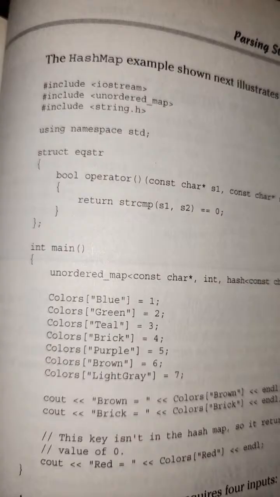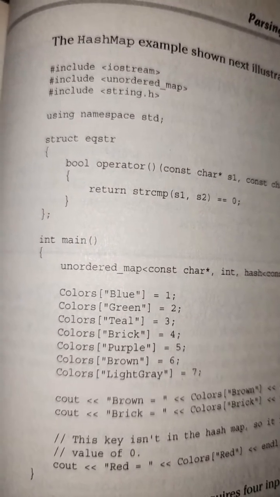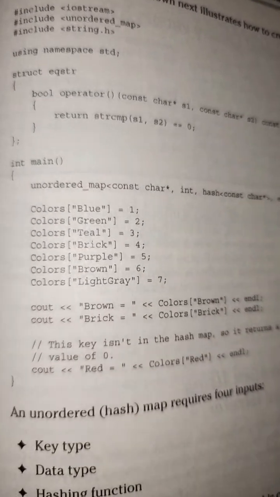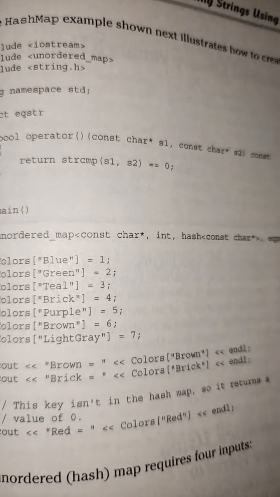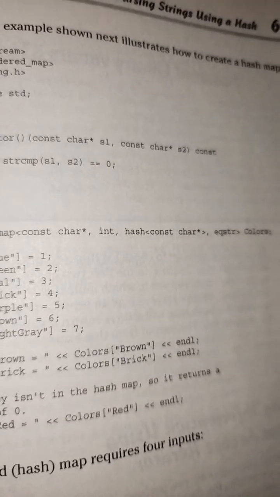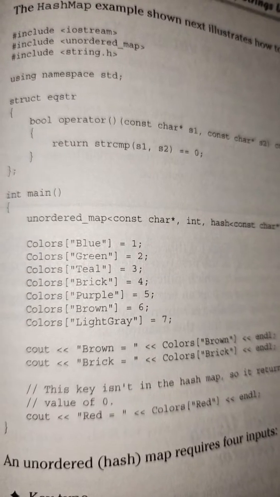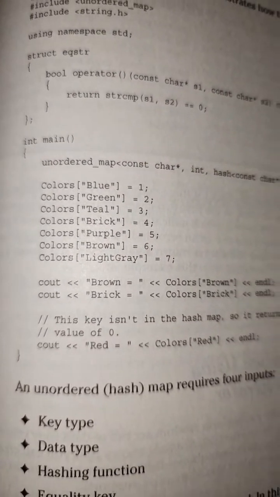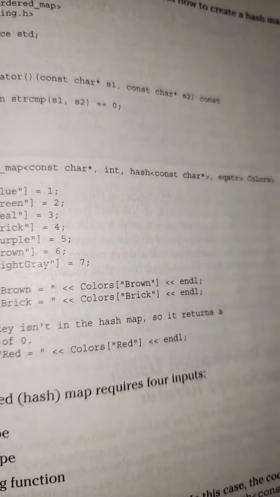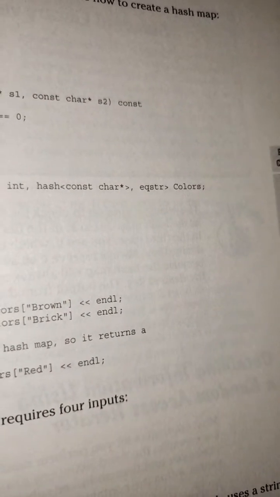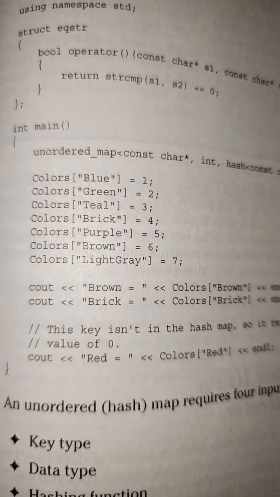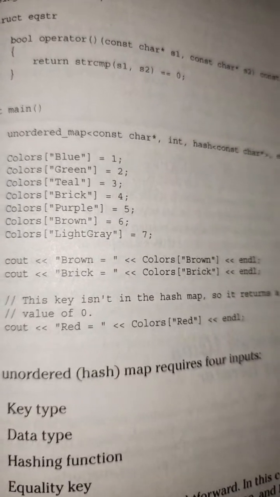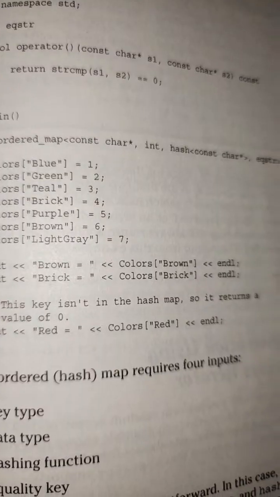#include iostream. #include unordered_map. #include string.h. using namespace std. struct eqstr { bool operator()(const char* s1, const char* s2) const { return strcmp(s1, s2) == 0; } }. int main() { unordered_map<const char*, int, hash<const char*>, eqstr> colors; colors["blue"] = 1; colors["green"] = 2; colors["teal"] = 3; colors["brick"] = 4; colors["purple"] = 5; colors["brown"] = 6; colors["light gray"] = 7; cout << colors["brown"] << endl; cout << colors["brick"] << endl.